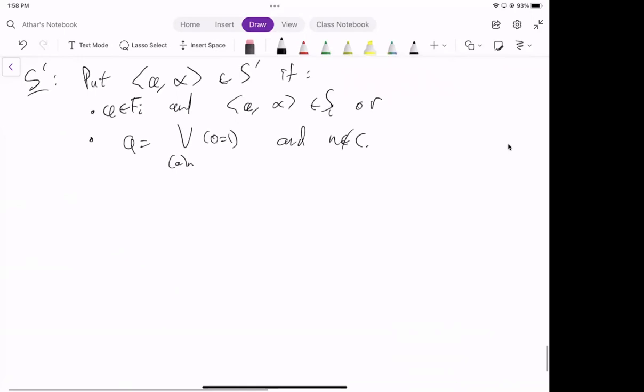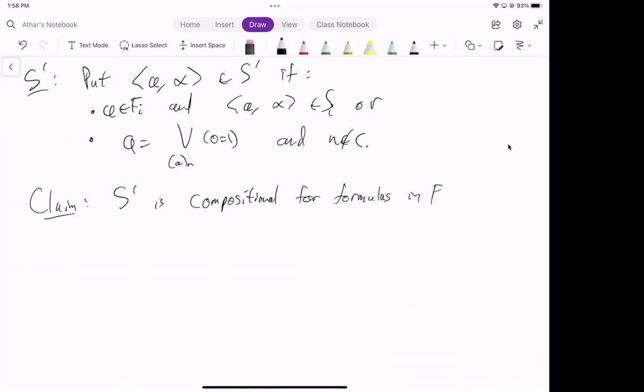And so then the claim is that S prime is compositional for formulas in F prime.